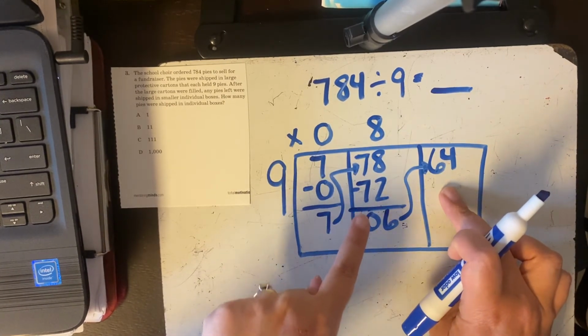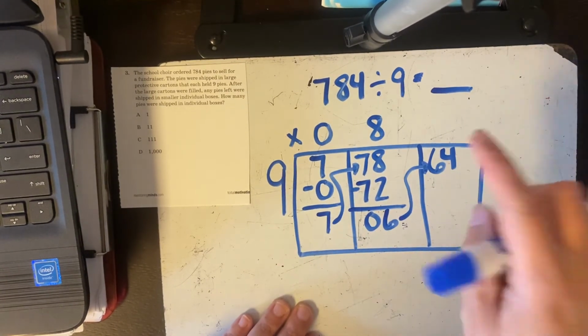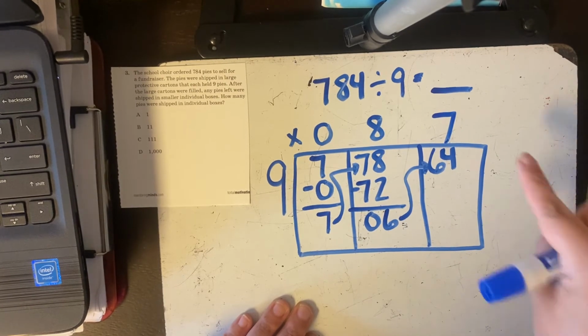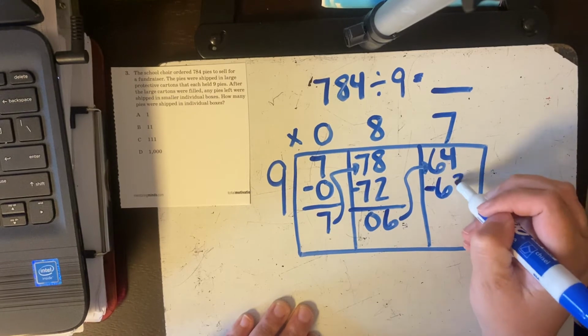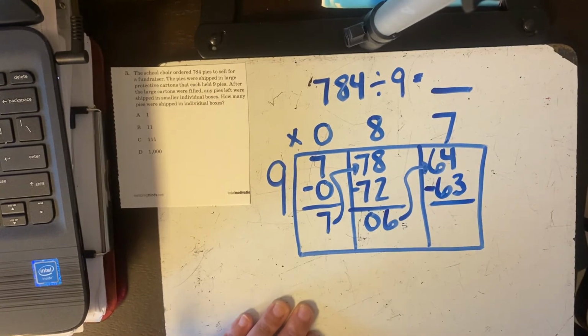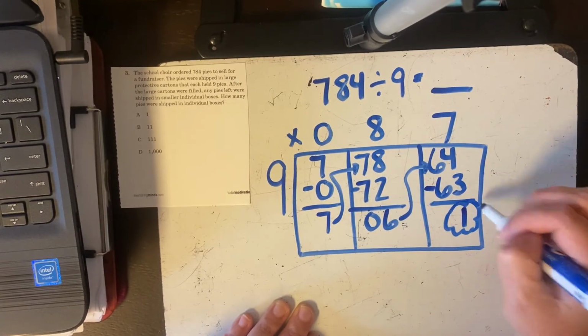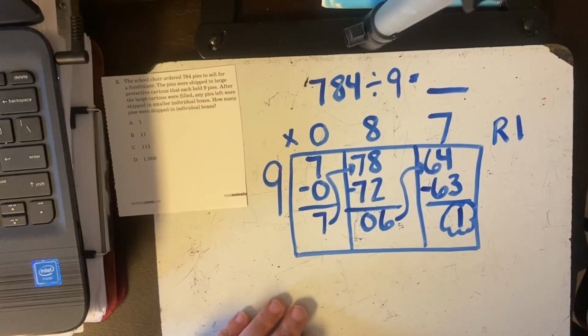That's going to give us too much, 72. So 9 can go into 64 7 times, and 7 groups of 9 equals 63. And when we subtract 64 minus 63, that's going to give us a remainder of 1.